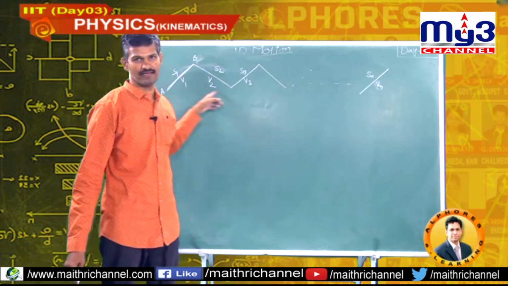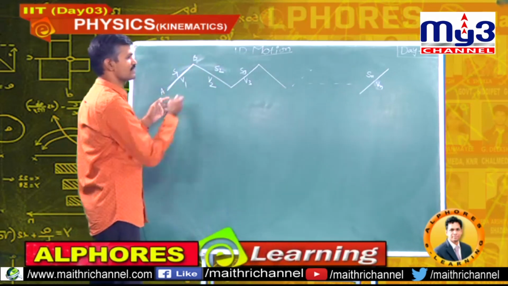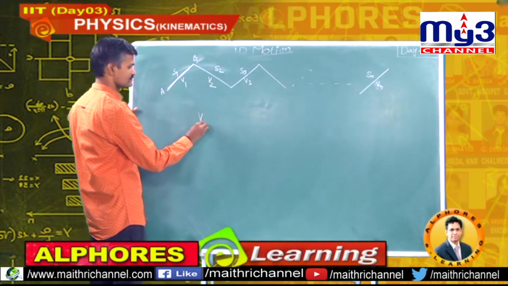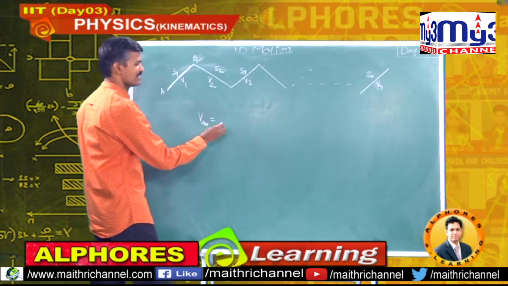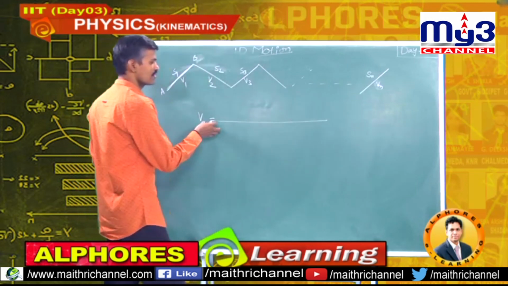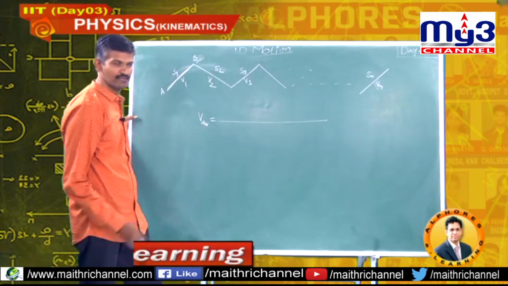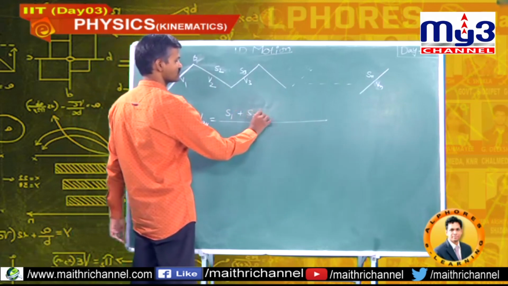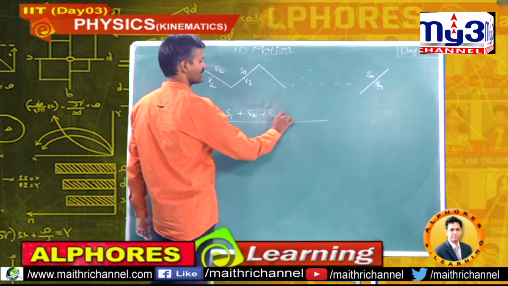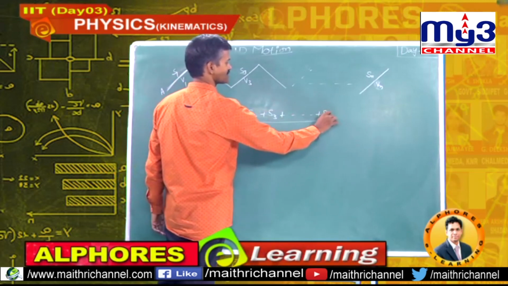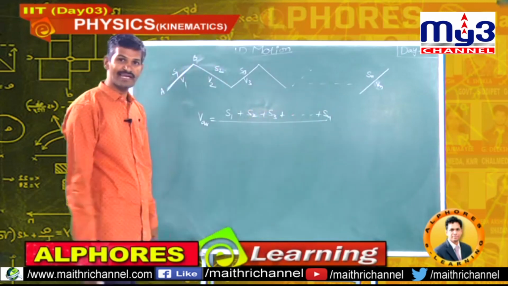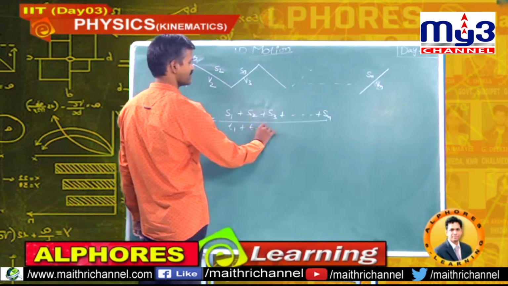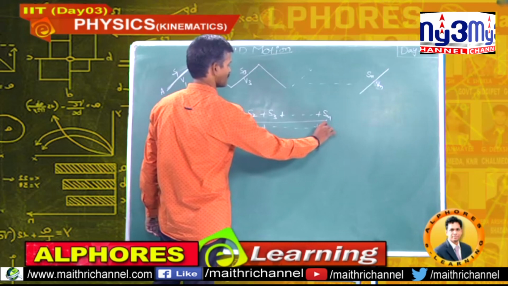Average speed is the total distance travelled divided by the total time taken. Total distance is S1 plus S2 plus S3 and so on plus Sn, and total time is T1 plus T2 and so on plus Tn.